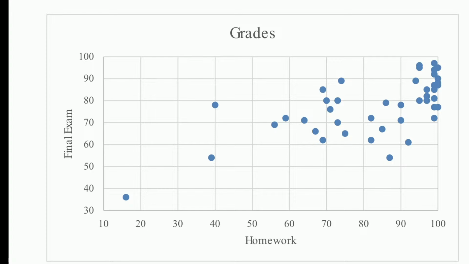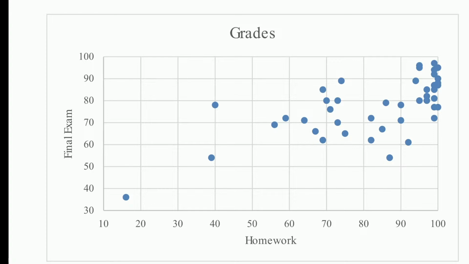I show this to you because I'm concerned about some of you having low homework scores. Notice that it's all scattered around, but there is a general trend, isn't there? For people who have low homework scores, generally they have low exam scores. And up here, the people that have hundreds on their homework mostly have high exam scores.